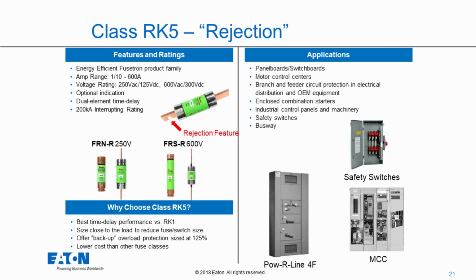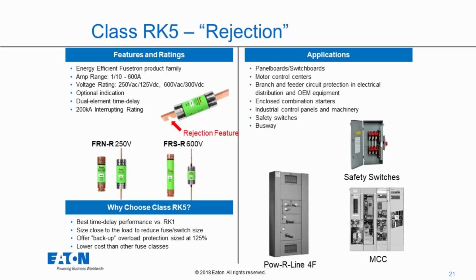When we started color coding our fuses a few years ago, even though fuses have very low resistive ratings, we actually found out that this is energy efficient compared to our other product families or other RK5s out there in the marketplace. So we decided to label it as a green product as part of our Fuses Made Simple program. The nice thing is when you talk about RK5, these amp ratings go all the way from a tenth of an amp all the way up to 600 amps.